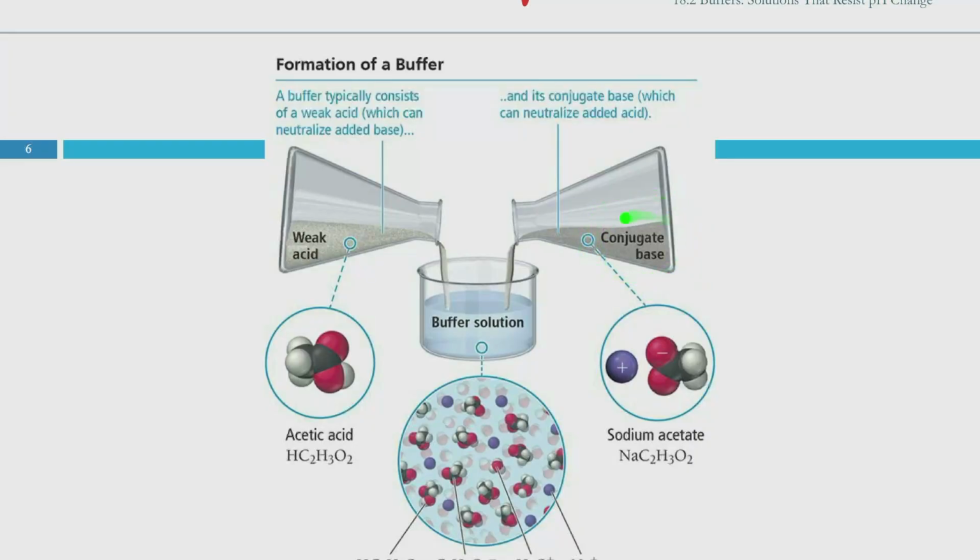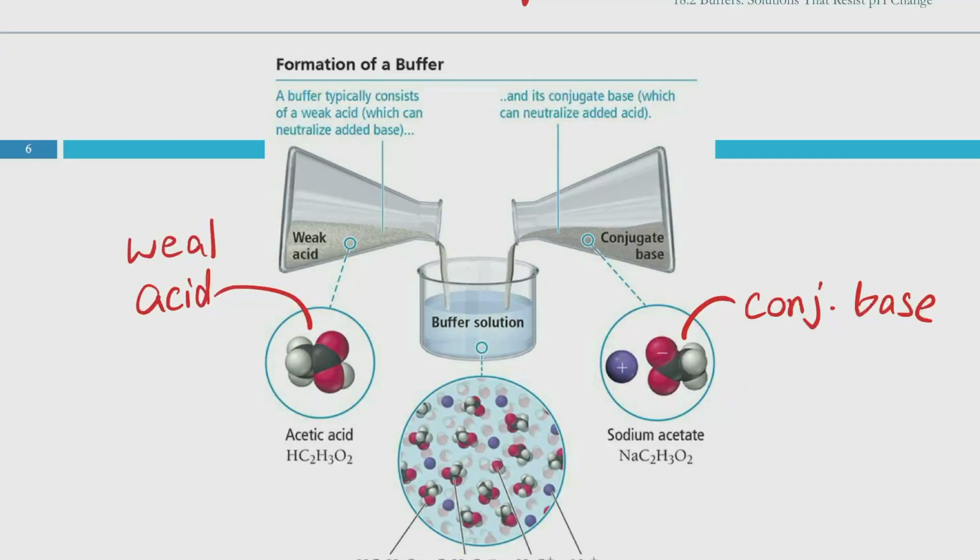So we would also need to add in the conjugate base, and in this case, we're doing that by adding sodium acetate. So acetate is our conjugate base. Adding both of those things together, we have both the weak acid and the conjugate base in significant amounts in our solution.